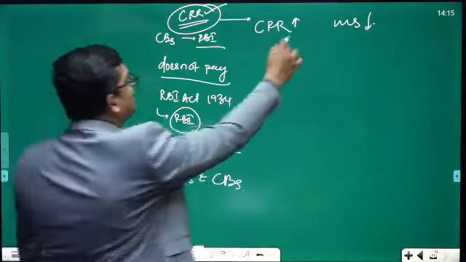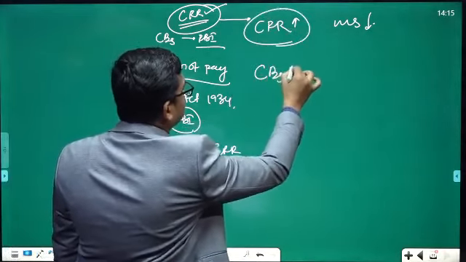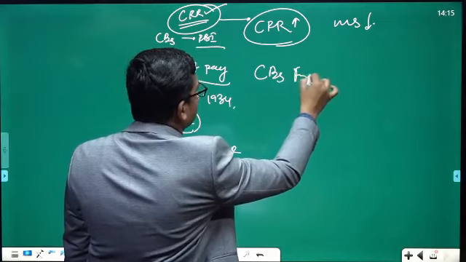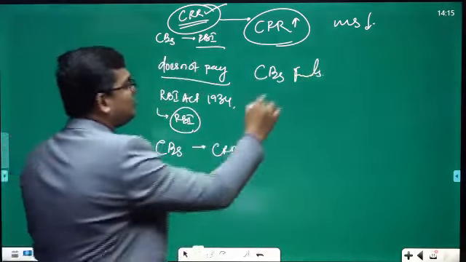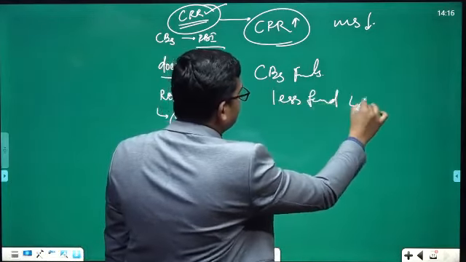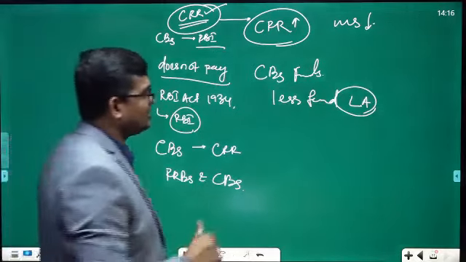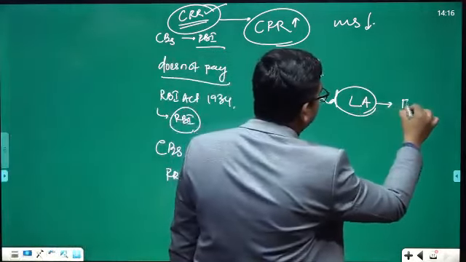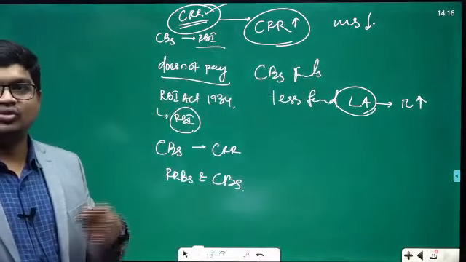When CRR increases, commercial banks have to keep more funds with the Reserve Bank of India, so they will have less funds for lending activities. When they have less funds for lending, they will increase the cost of borrowing, or the rate of interest on borrowing will increase.